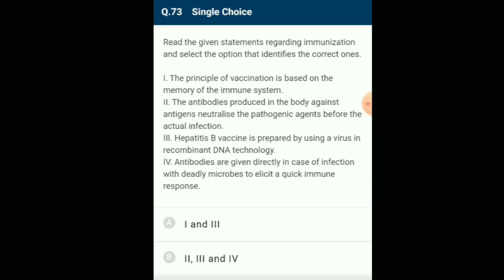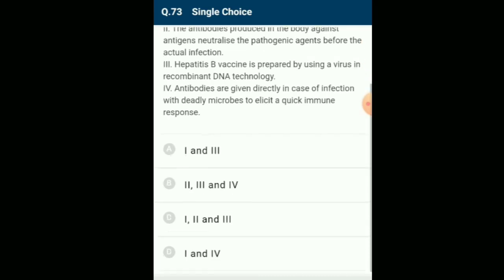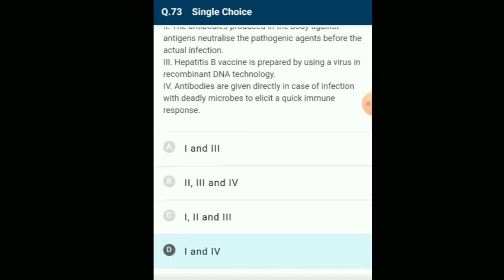The third one is, hepatitis B vaccine is prepared by using yeast through recombinant DNA technology. So from the given four statements, statements 1 and 4 are the statements regarding immunization, that is the option that identifies correctly.